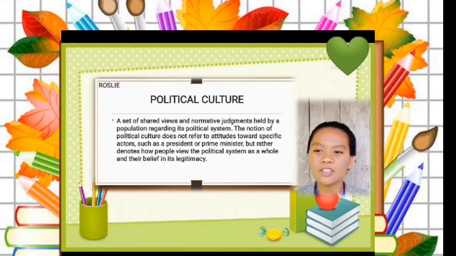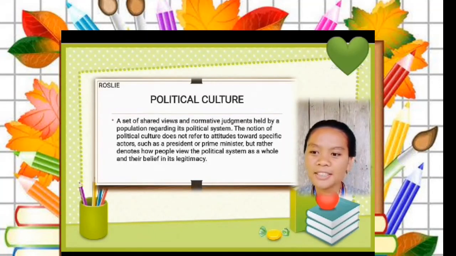Political culture is a set of shared views and normative judgments held by a population regarding its political system. The notion of political culture does not refer to attitudes toward specific actors such as a president or a prime minister, but rather denotes people's view of the political system as a whole and their belief in its legitimacy.